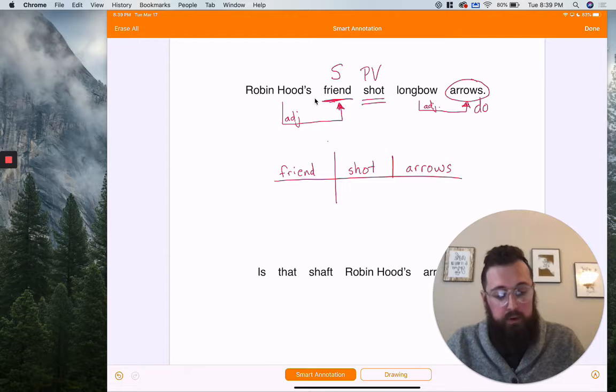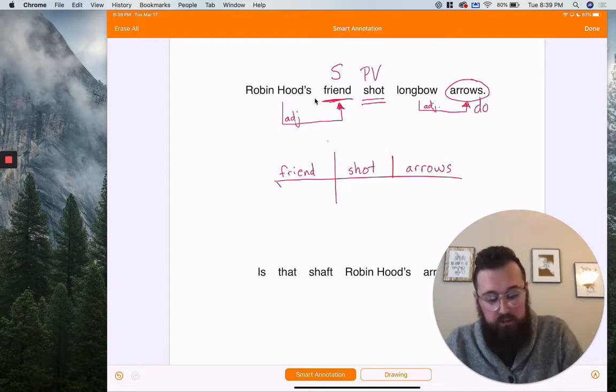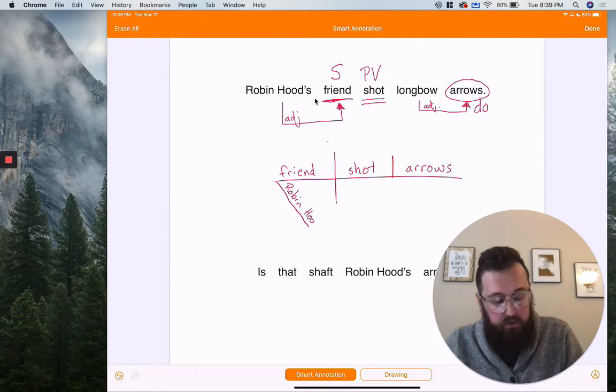Now I can add my modifiers. Friend is being described. Whose friend? Robin Hood's friend. And arrows is being described by longbow. Okay.